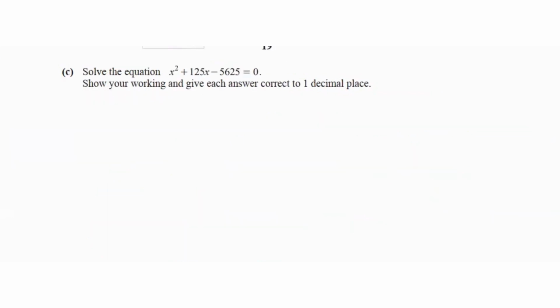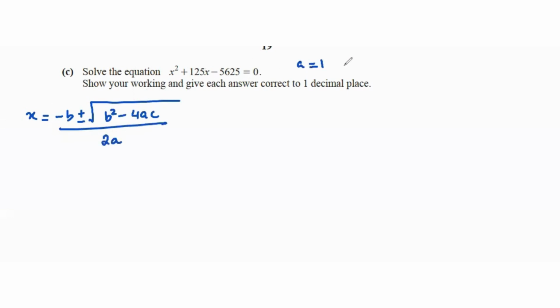Now it says solve the equation and show your answers correct to one decimal place. Since it already clarifies that the answer is going to be a decimal, we will use the quadratic formula to solve this equation. X equals negative b plus or minus the square root of b squared minus 4ac, over 2a. A is 1, the coefficient of x squared.